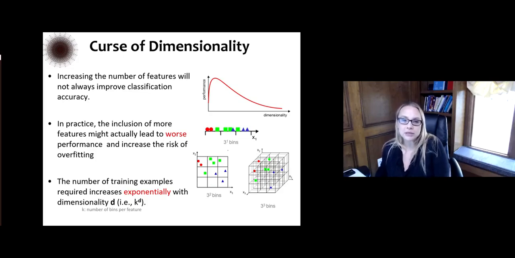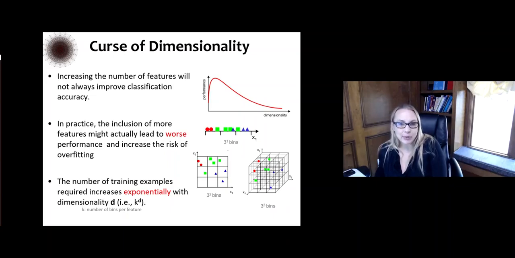So in practice, the inclusion of more features might actually lead to worse performance and an increase in the risk of overfitting. The other thing is the number of training examples required increases exponentially with dimensionality. So it actually increases K to the D, where K is the number of bins per feature and D is your dimensionality.